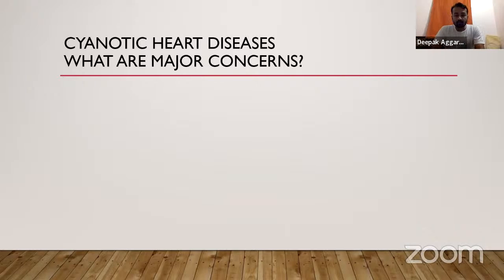Cyanotic heart disease basically presents with right to left shunt. So these patients have low baseline saturation, and it doesn't improve with oxygenation also. These patients usually present with polycythemia, so there is increase in viscosity, so we need to give them fluids. Because of right to left shunting, they have chances of paradoxical embolus, so we need to keep our IV fluids free of air bubbles.